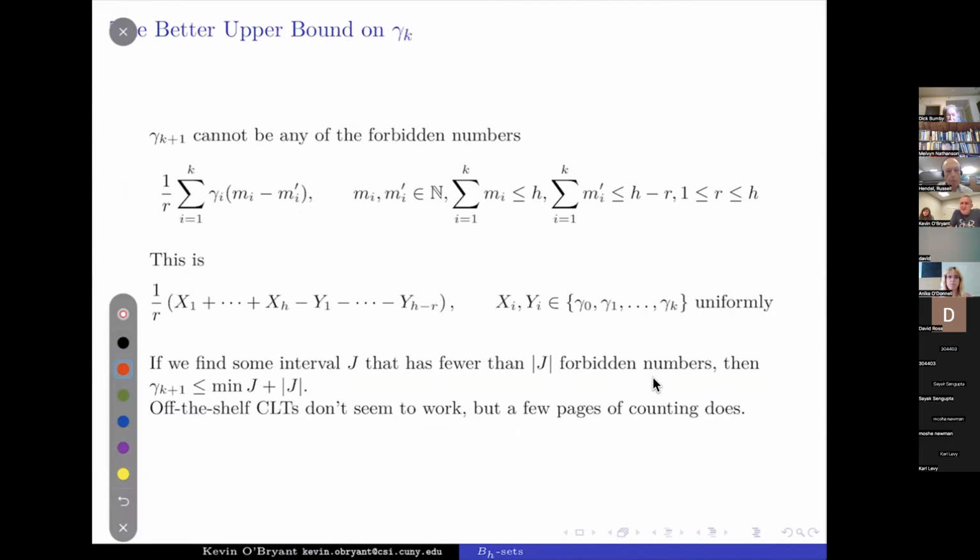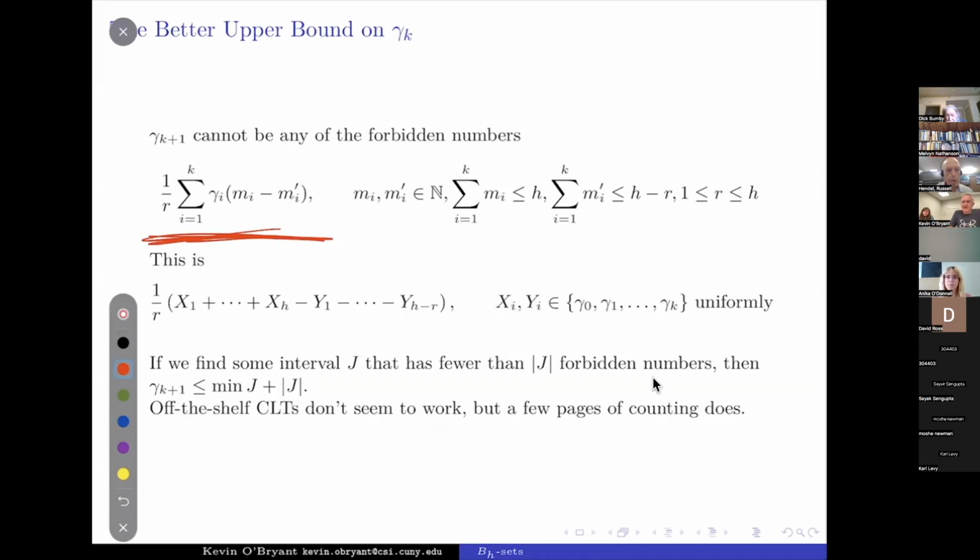So the central limit theorem tells me how many of these forbidden numbers I'm expecting in an interval, and I just need to find an interval where I'm expecting fewer than there are spaces in that interval. And that means there is some number in that interval that is not forbidden.